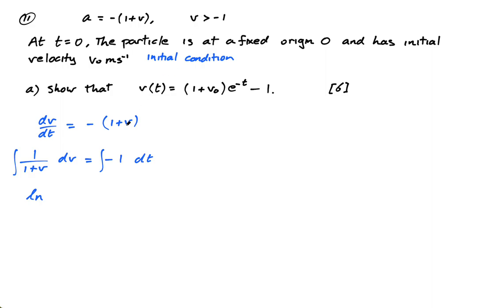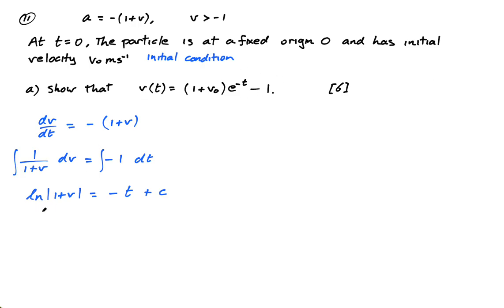Because v is greater than -1, 1 plus v is going to be positive anyway. So I'll be able to remove the modulus signs in a second. This equals, the integral of this is -t, and don't forget the plus c, because there's a lot of marks. Well, you need the plus c if you want to turn it into this.